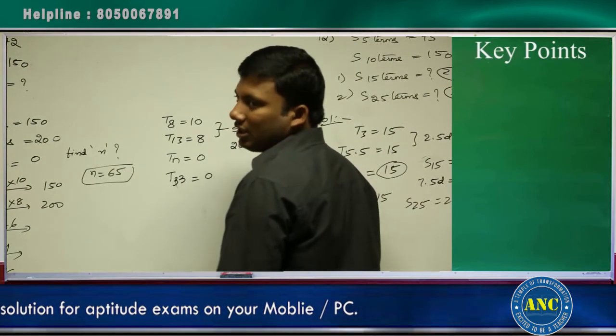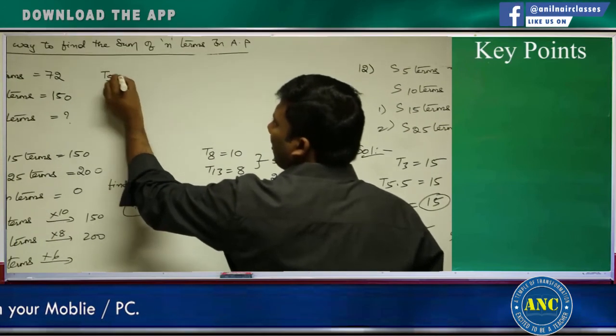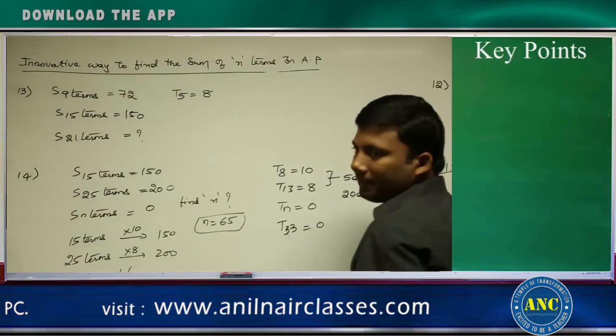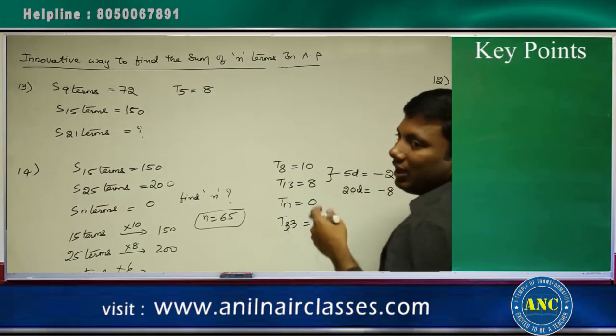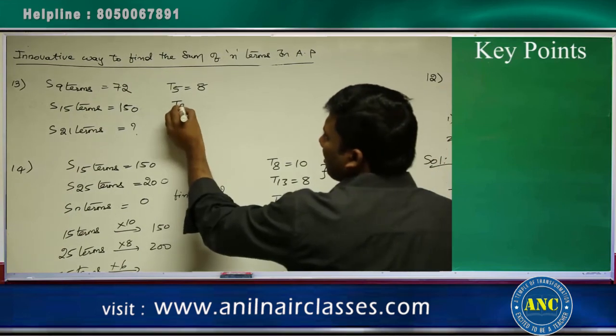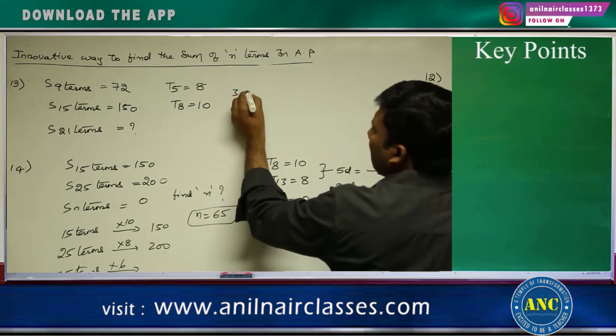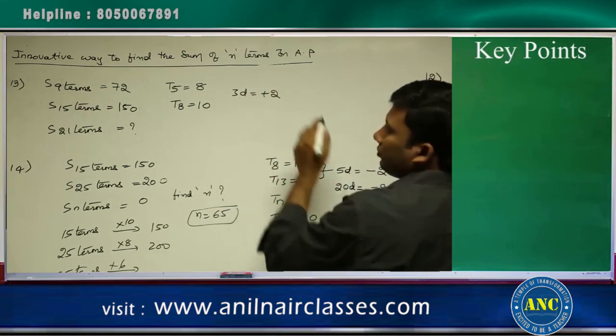9 terms is 72. 4 to the left, 4 to the right. What is T5? 8. Are you all with me? 15 terms is 150, 7 to the left, 7 to the right, T8 is 10. T5 to T8, 3D is plus 2.